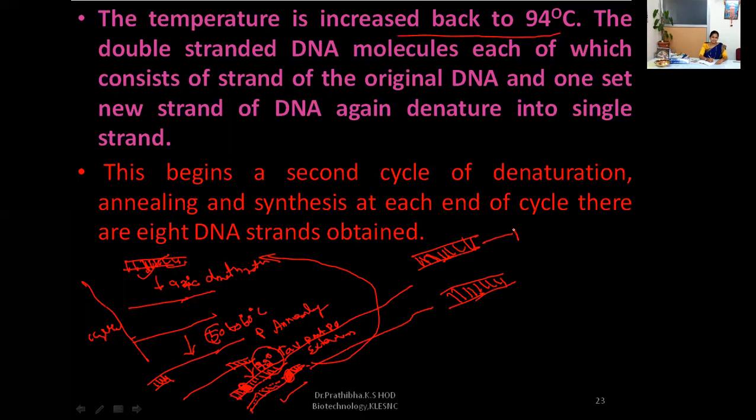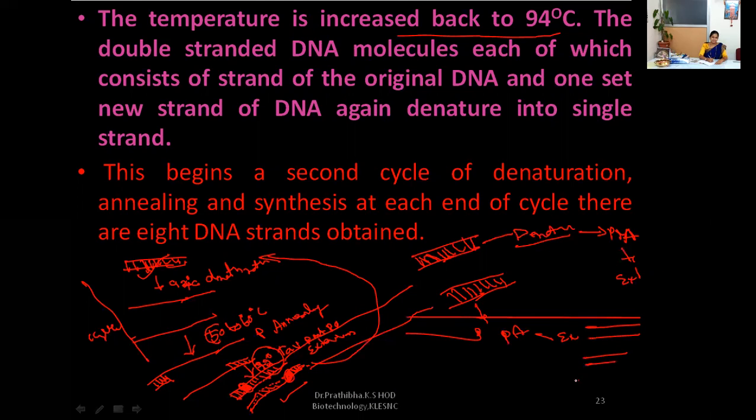The strands will split, and further they'll go through primer annealing, and then further through the extension. Here also the same thing, denaturation happens, then primer annealing happens, then extension happens, and from these 1, 2, 3, 4 strands, you are going to get a total of 8 strands.